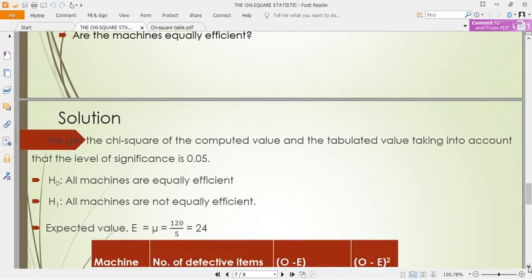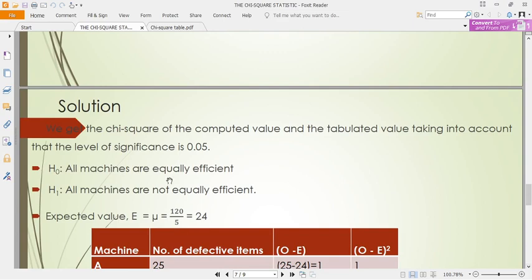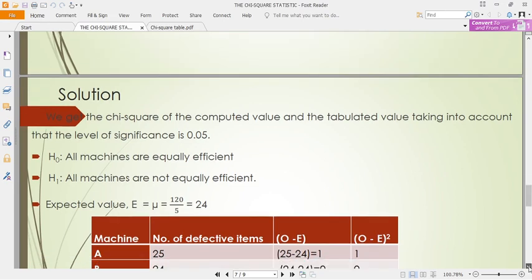The first step is to always state the hypothesis. The researcher is interested in finding out whether machines are equally efficient. So the researcher's claim is that machines are not equally efficient, and therefore the alternative will be that machines are not equally efficient.